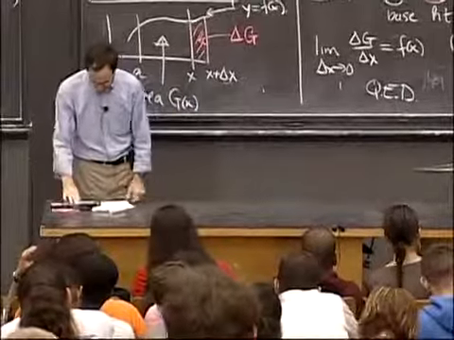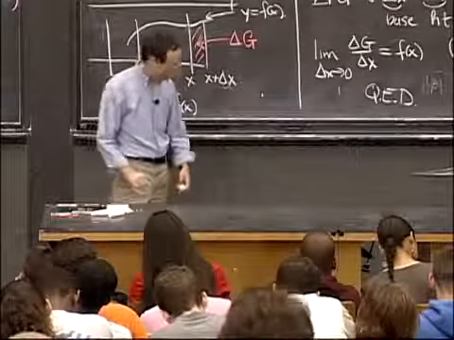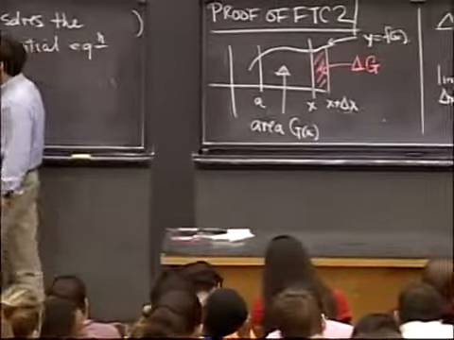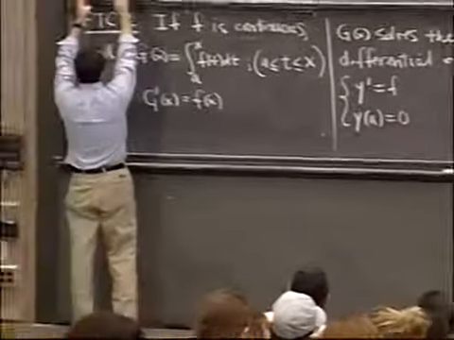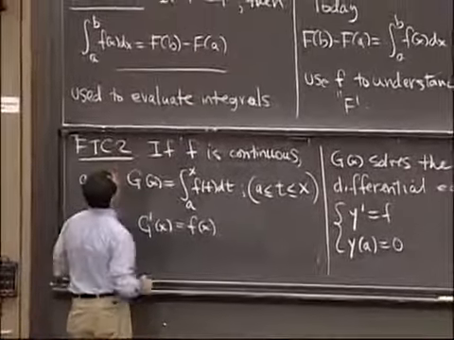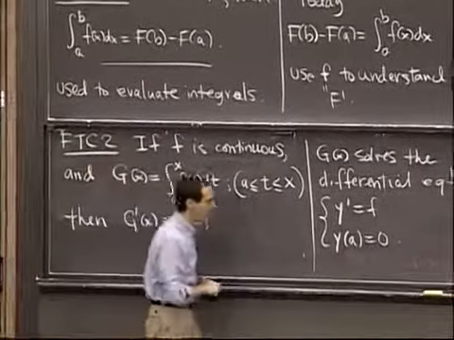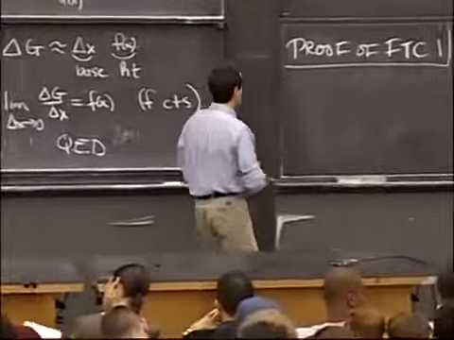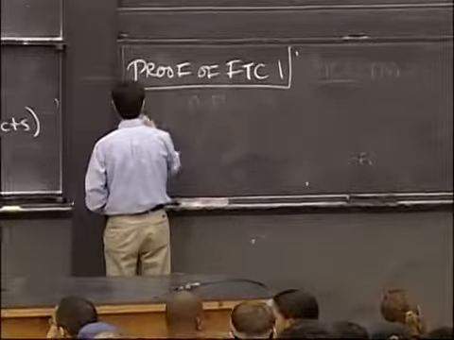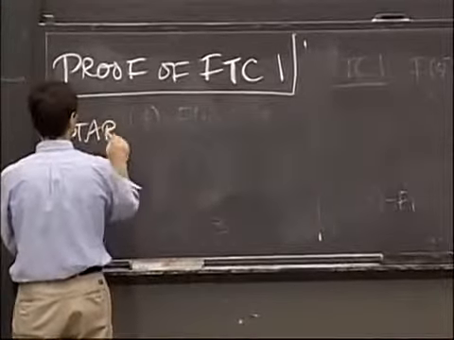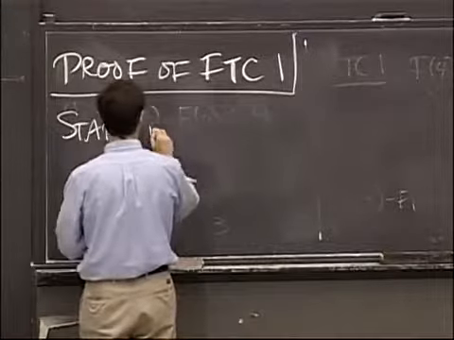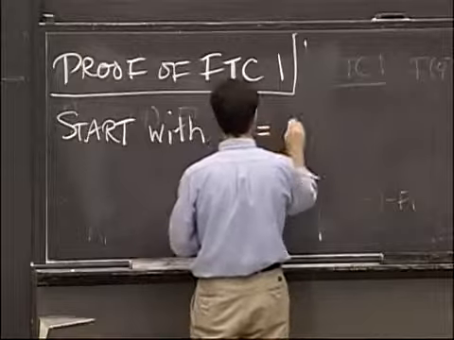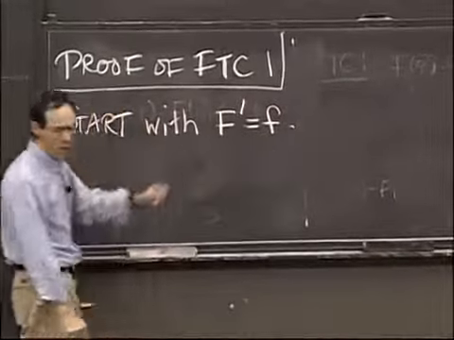All right, so now I still have it on the blackboard to remind you. It says that the integral of the derivative is the function, at least the difference between the values of the function at 2 places. So the place where we start is this property that f prime is equal to little f.